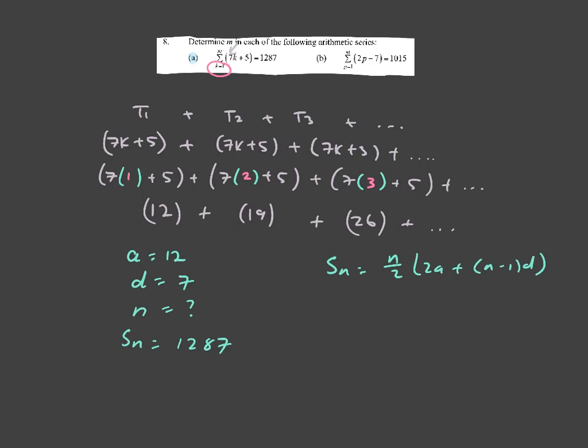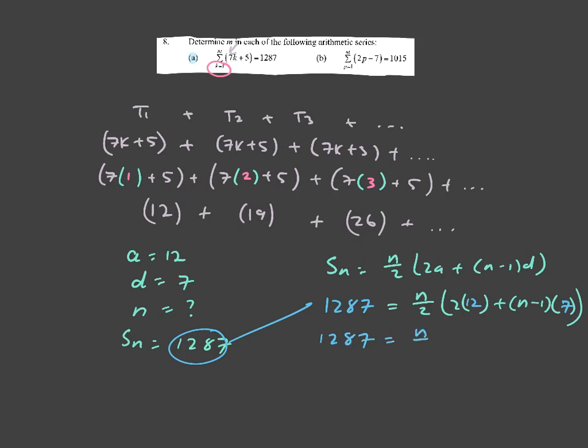So we know what the sum is equal to: the sum is 1287, and that is equal to n over 2 times 2a, where a is in this case 12, plus n minus 1, we don't know what n is, times the difference, which is 7. So 1287 is equal to n over 2 times 24 plus 7n minus 7.